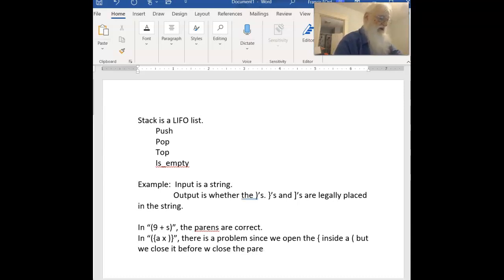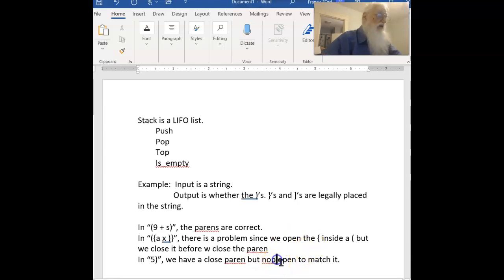So one problem could be that they're not actually nested properly. Another possibility is in this one, for example, we have a closed parentheses, but no open to match it. That is a problem that we can't allow.